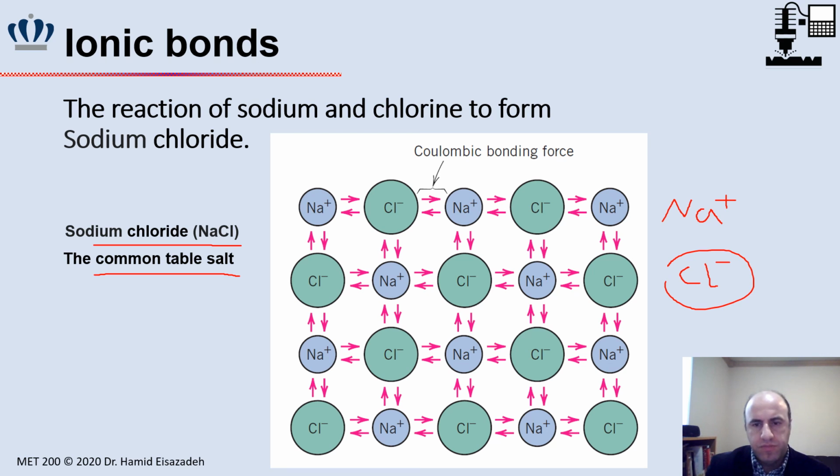A property of solid material with the ionic bond is that they have a very low electrical conductivity, and they have poor ductility.